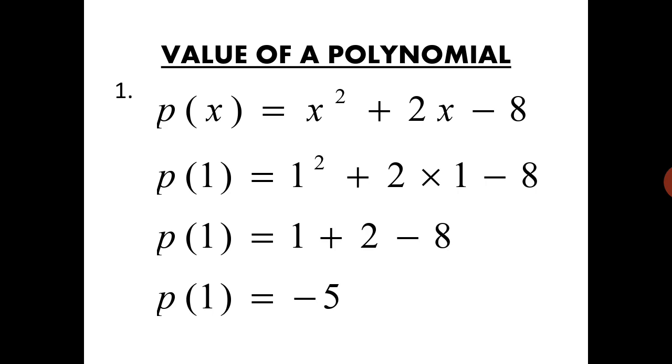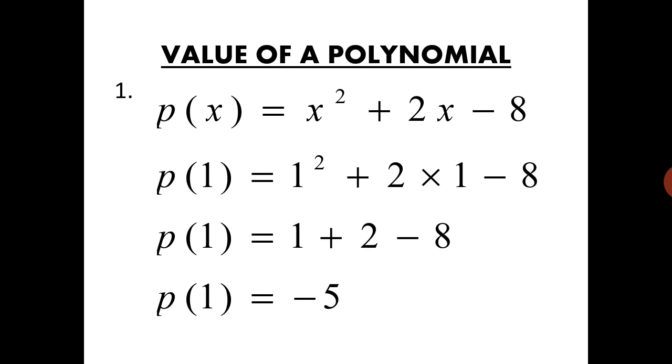Now, let's move to the third step. It is just mathematical. You have to just solve the right hand side. So, 1 square becomes 1. Then the second term, that is plus 2 multiplied by 1, becomes plus 2, minus 8 remains as it is. And now this is nothing but addition and subtraction of integers.